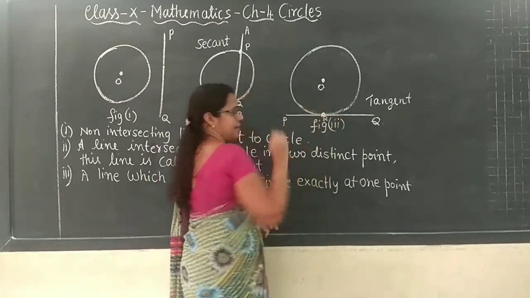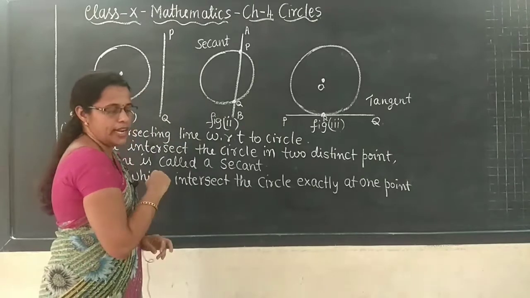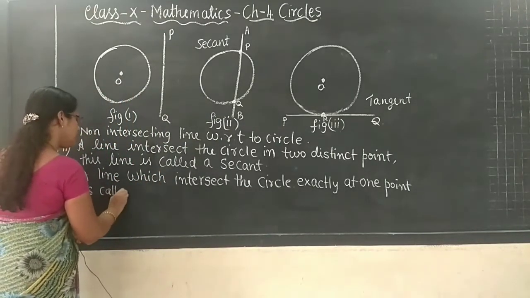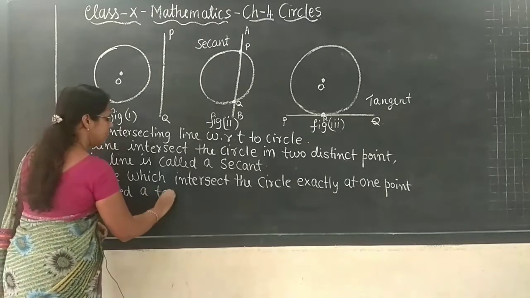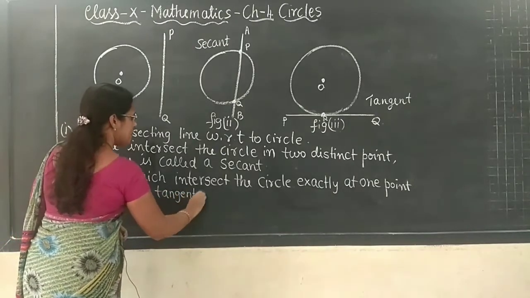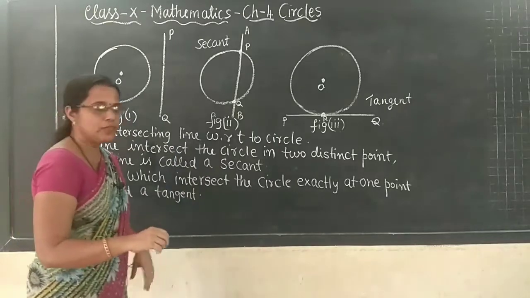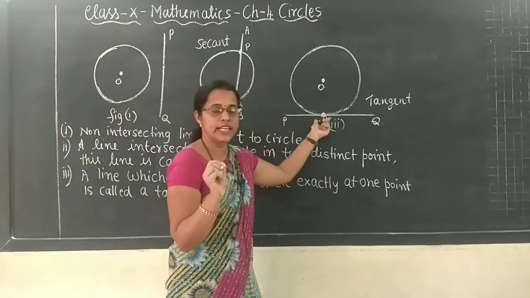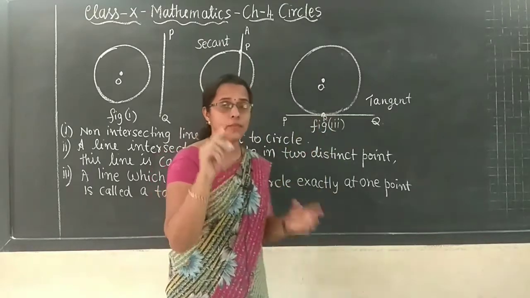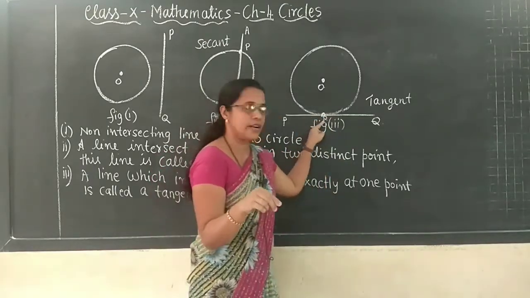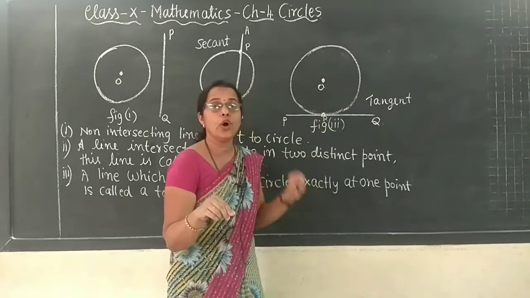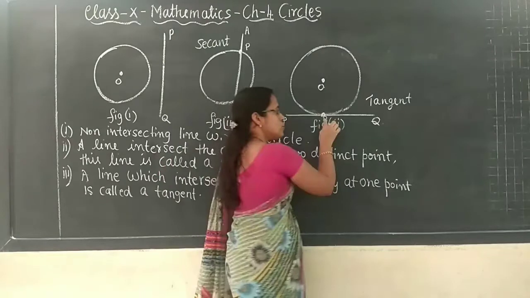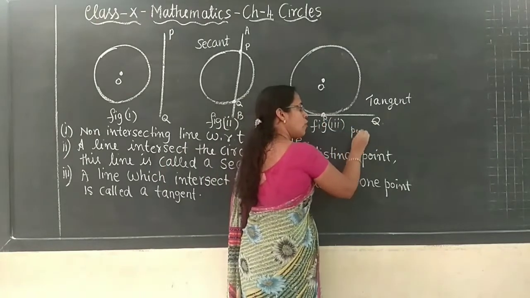If I take here R, exactly at one point is called a tangent. Okay, children. In the tangent, this point R, can you see here, touches the circle at only one point. The point R is called the point of contact.